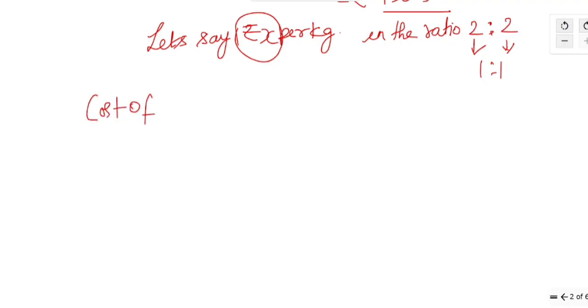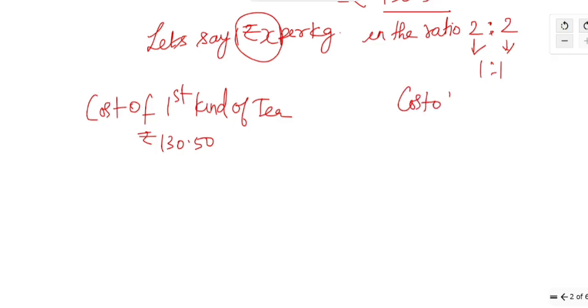Cost of our first kind of tea, I mean both the tea varieties together. That is our first kind, which is 130 rupees 50 paise.